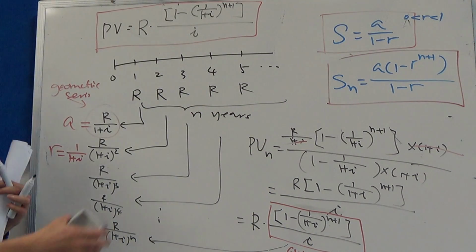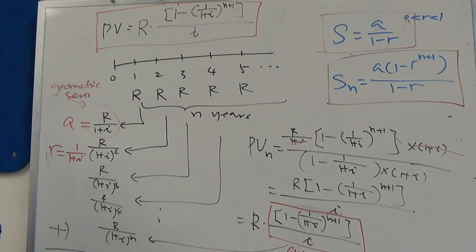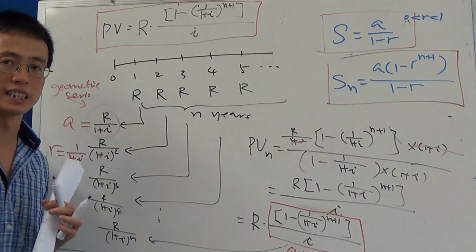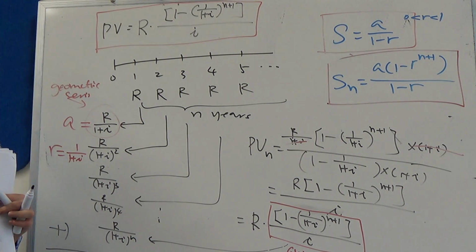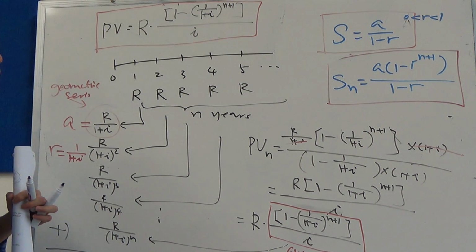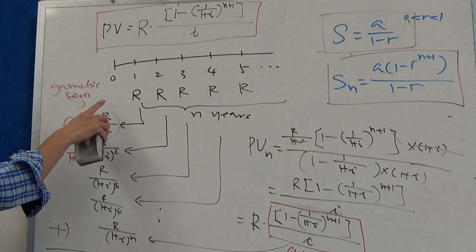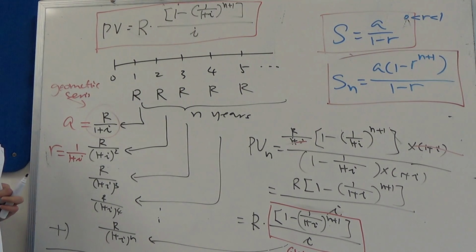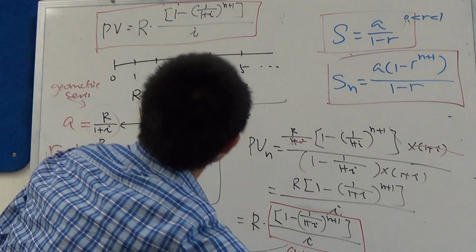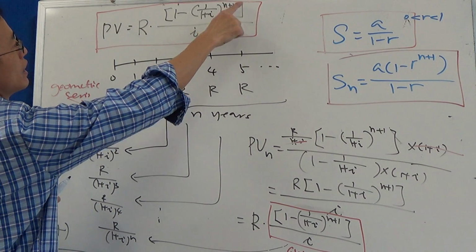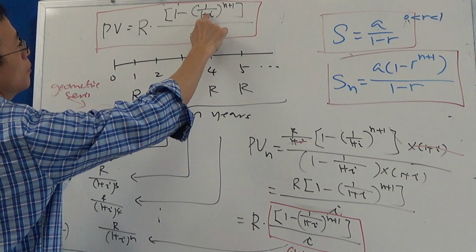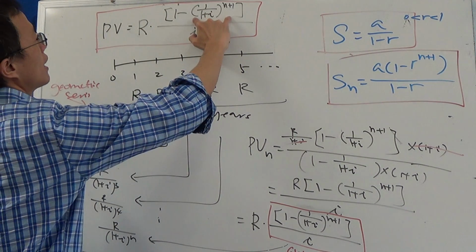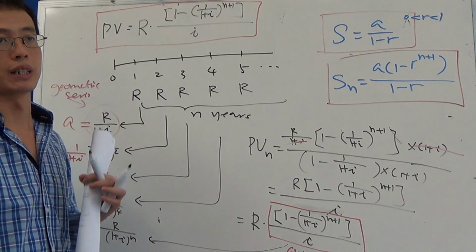What about if these R dollar cash flows occur forever, not just n years, but infinitely many years? Then what's the present value of this? Equivalently, let's let n approach infinity. What's going to happen? Clearly, if you look at this formula here, if n approaches infinity, then this term 1 over 1 plus I is less than 1 and bigger than 0, so this becomes smaller, smaller, smaller until it becomes 0.